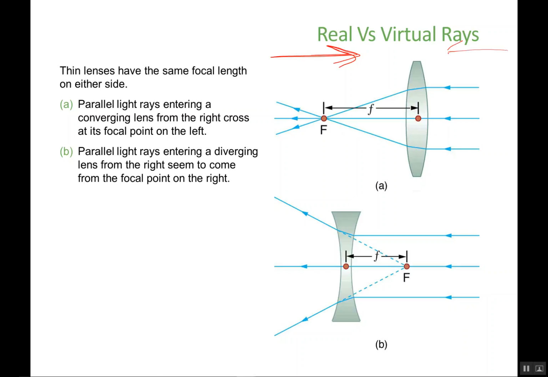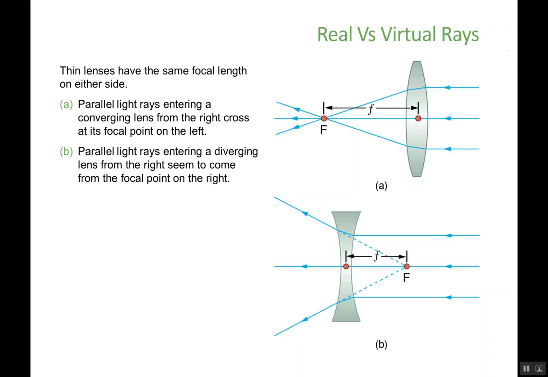You have rays entering from the right-hand side and exiting from the left-hand side. What you're seeing is a mirror image of what we saw before. So this lens has a focal point on both of its sides, and will behave exactly the same even if it were flipped, even if it were reversed. And the same is true for concave lenses.